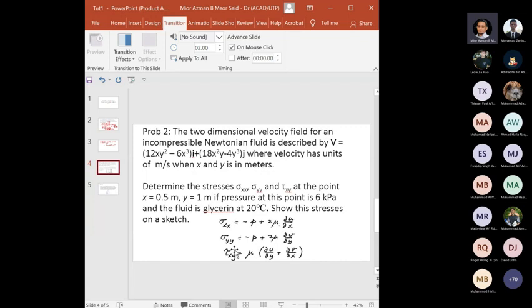We have to find the normal stress at that particular point, so we make use of the formula given and solve the problem at that point. We just substitute the values inside the formula.